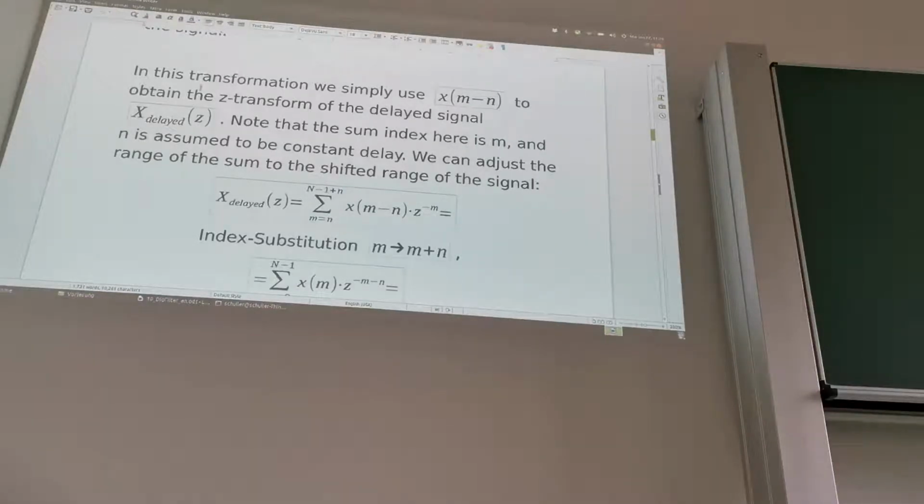So we have a delayed signal, and this delayed signal has a z transform, which I call x delayed of z. Now we want to know how this x delayed of z relates to x of z.